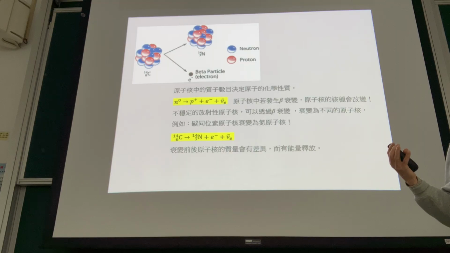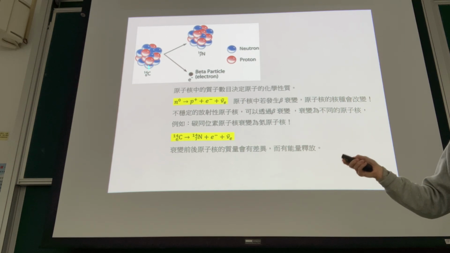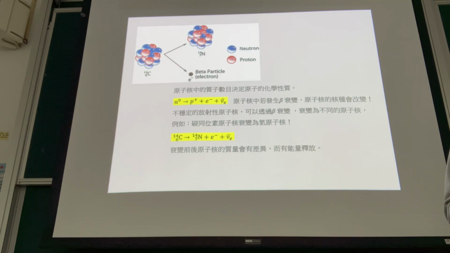The normal carbon is carbon 12, which consists of 6 protons and 6 neutrons. So this carbon 14 is an isotope of the normal carbon nuclei. It consists of 6 protons and 8 neutrons, 2 more.